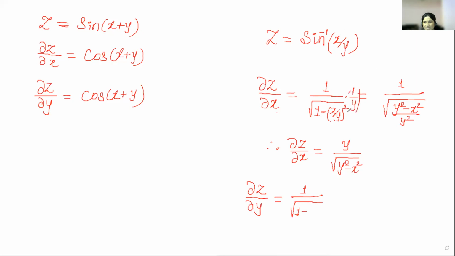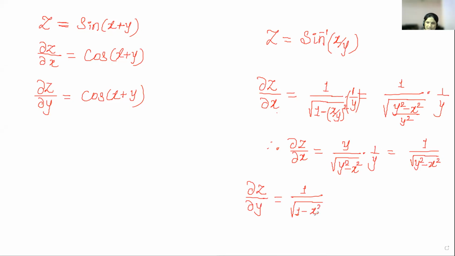Yes, so into 1 upon y. So here it will be cancelled. Into 1 upon y, it is equal to 1 divided by square root of y square minus x square.